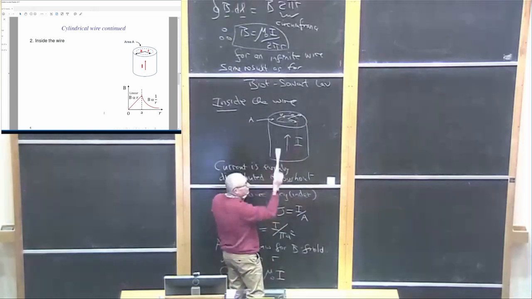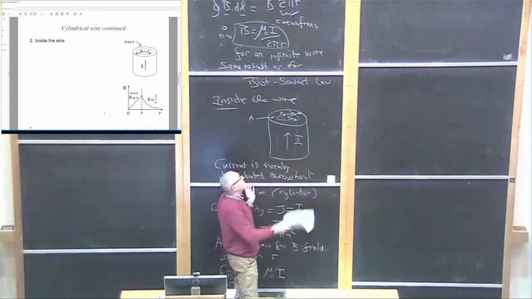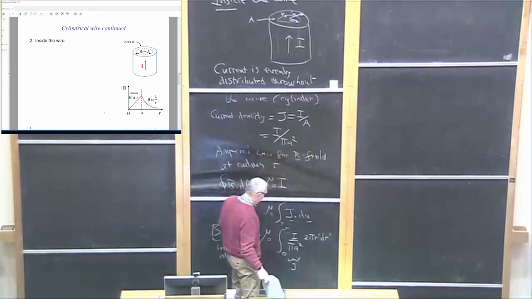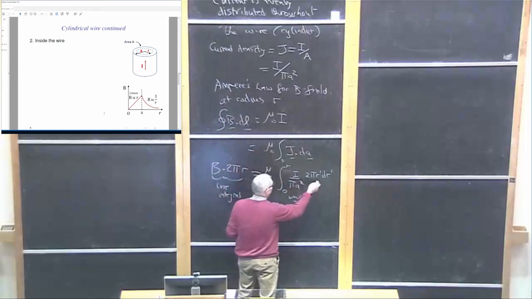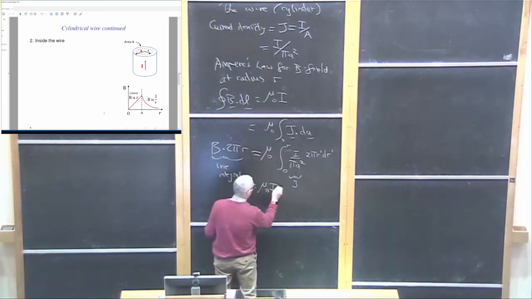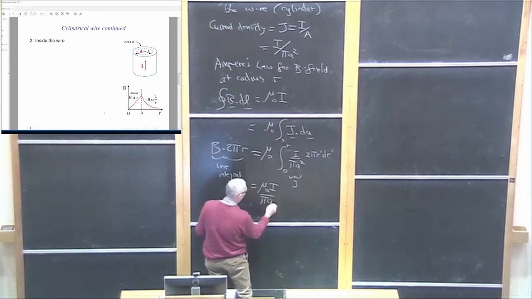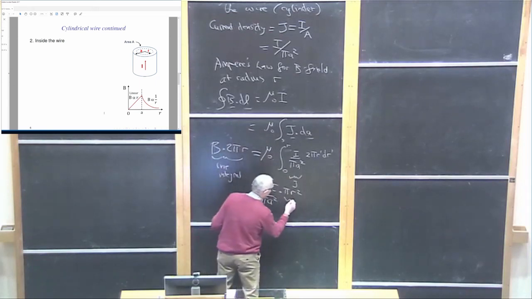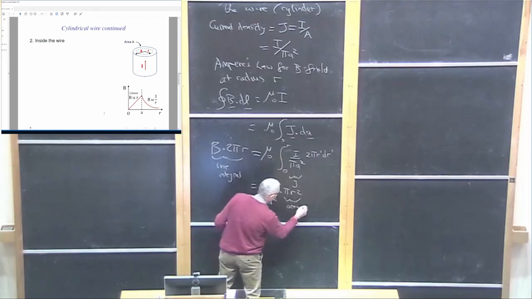The surface is just the area of the circle. So it's mu naught I over pi a squared times pi r squared, which isn't surprising, right? That's just the area of the circle.